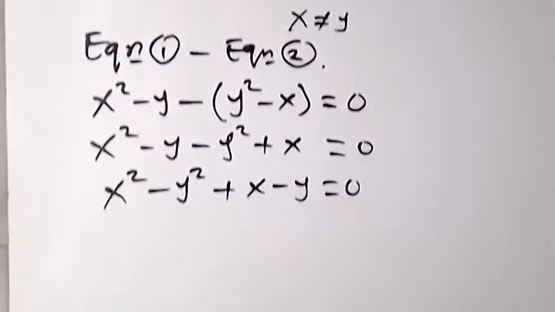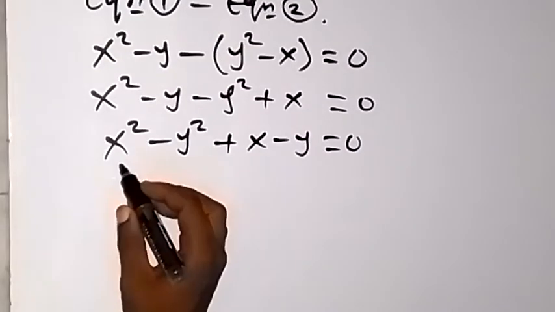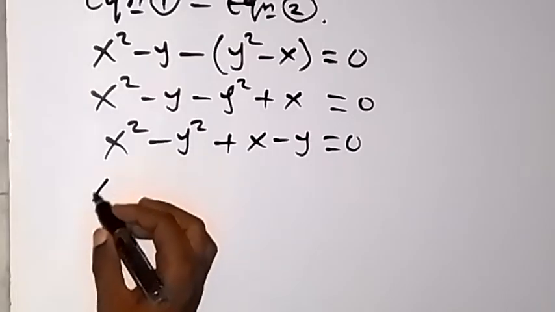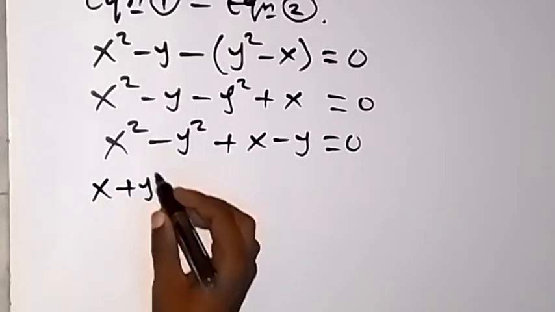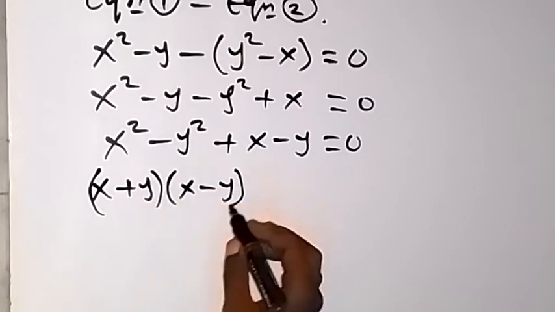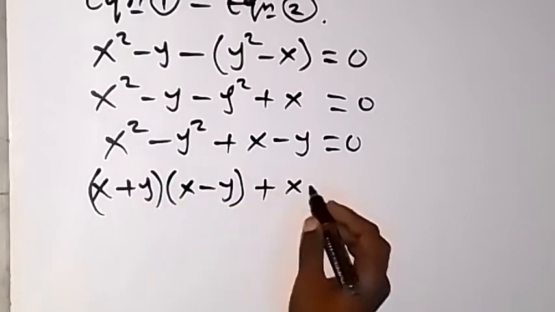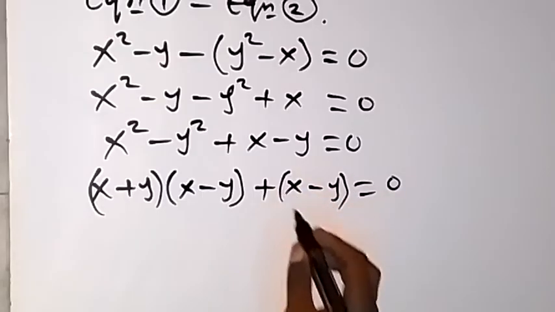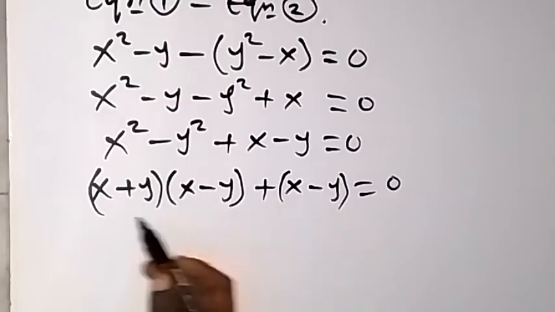And from there, we have this identity to be the difference of two squares. That is, we can write it as x plus y multiplied by x minus y, then plus x minus y equals 0. Now we can see from here that x minus y is common.